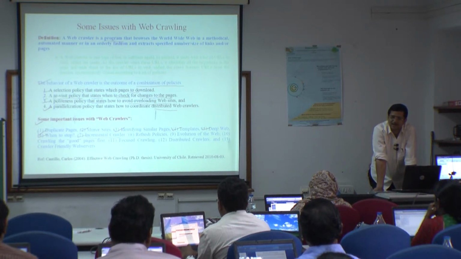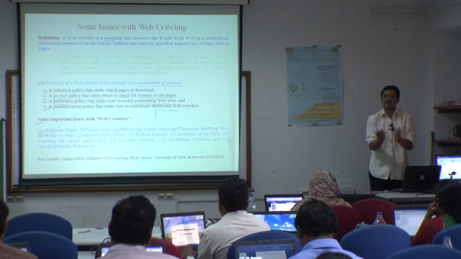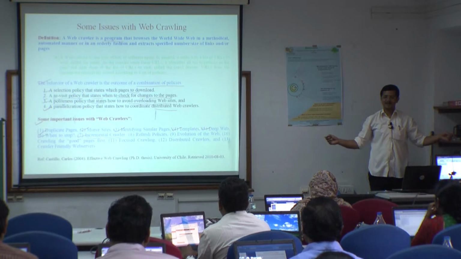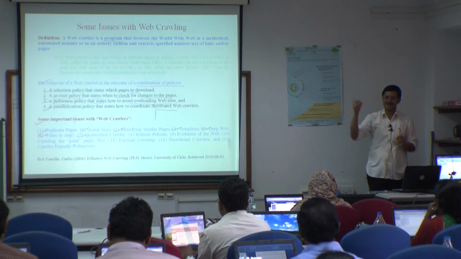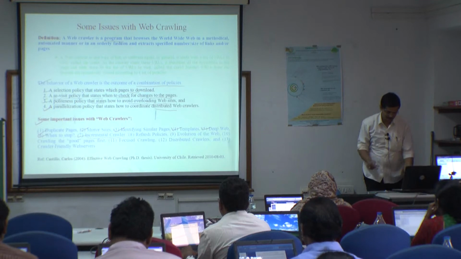For each page, again you get 3-4 links. Then your crawling burden will increase at a geometric progression type of rate. So this is also a problem.